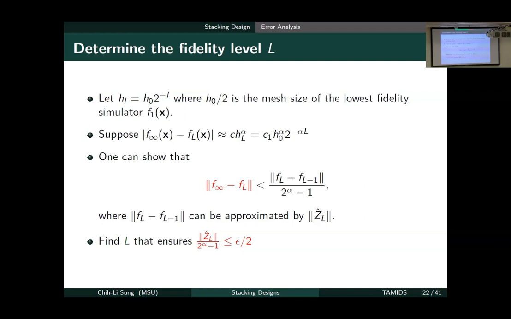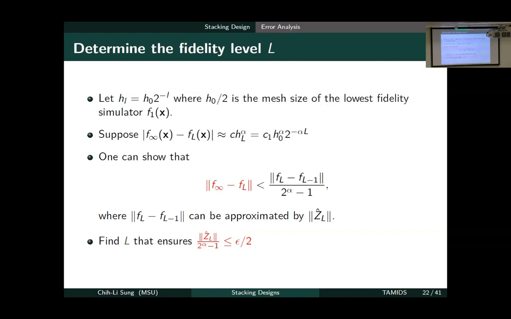Any questions here? I have a question. You said the RKHS norm can be approximated by the Gaussian process regression estimate. That means you have to have some data, but this is a design of experiment. So what is your approach? Right.